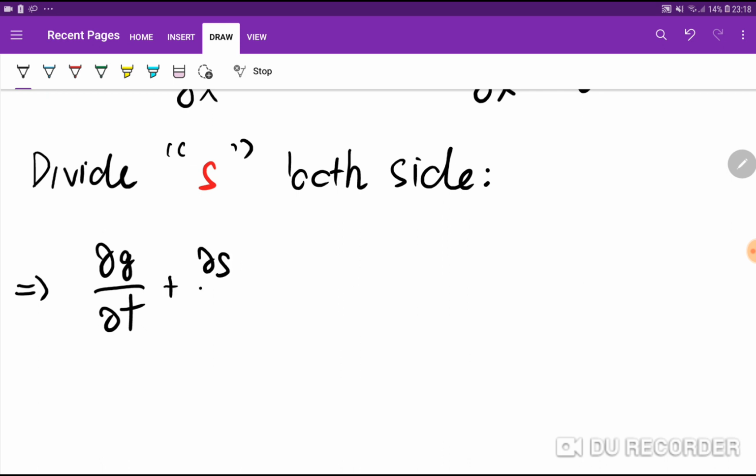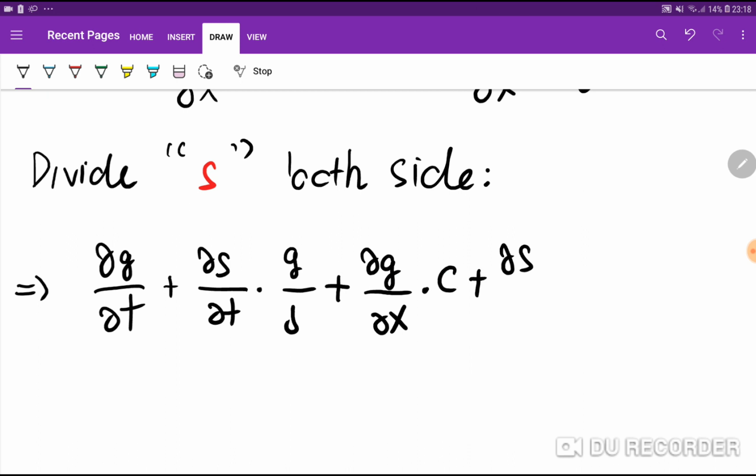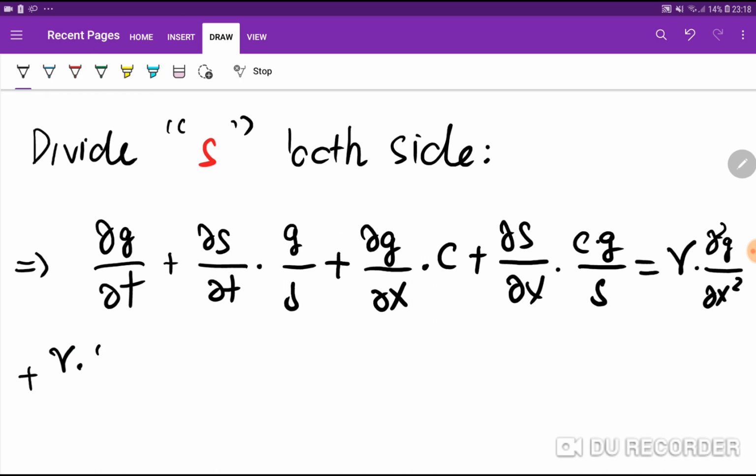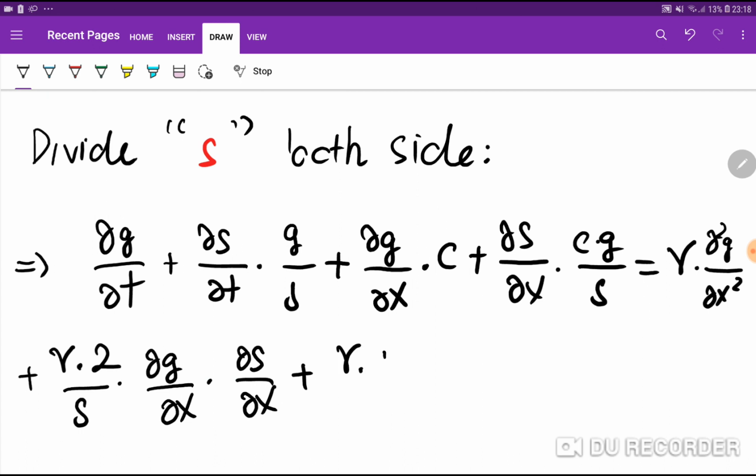plus partial s with respect to t times g over s, plus partial g with respect to x times c, plus partial s with respect to x times g over s, equal to mu times the second partial derivative of g with respect to x, plus mu times 2 over s times partial g with respect to x times partial s with respect to x, plus mu times g over s times the second partial derivative of s with respect to x.